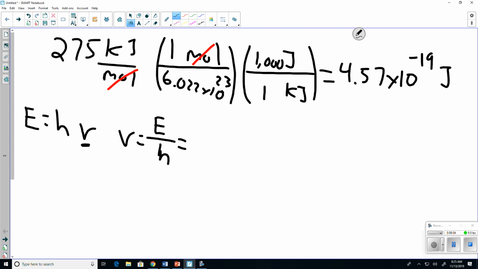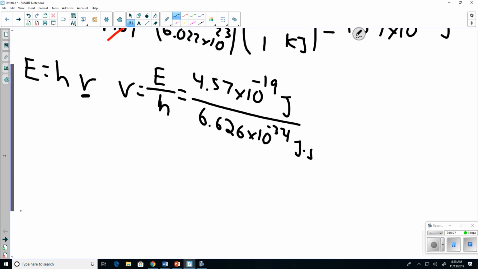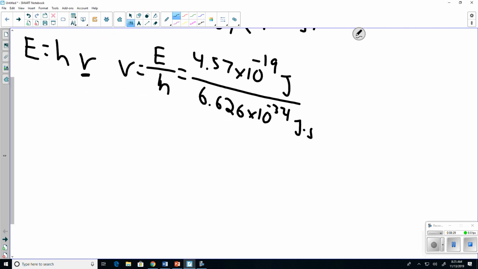So if I find that energy value right there of 4.57 times 10 to the negative 19th joules, I'm going to divide that by Planck's constant of 6.626 times 10 to the negative 34th joule seconds. That would give me 6.89 times 10 to the 14th.